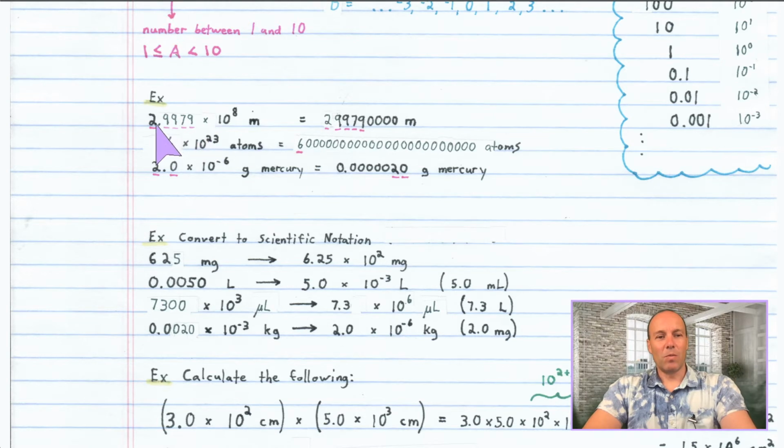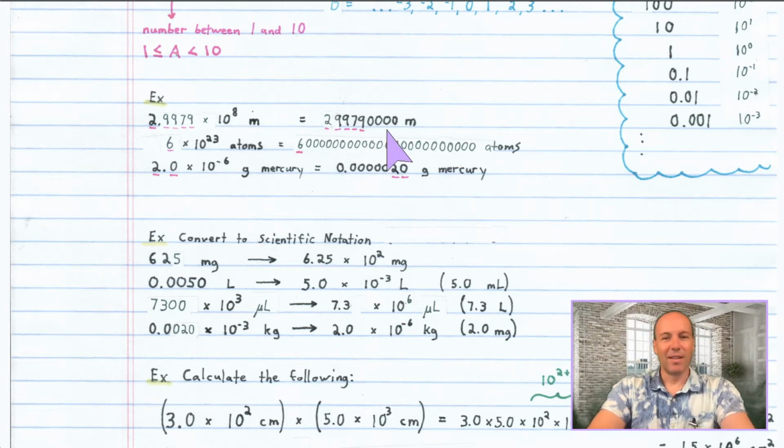If you wanted to see what this number looks like in normal form, if you get rid of the power of 10, you take 2.9979 and plug it into your calculator times 10 times 10 times 10, 8 times, that would do it. Your calculator would spit out this. So this is what it would look like in normal form without scientific notation. So this isn't too bad. You could write it either way. It would take about the same amount of time.